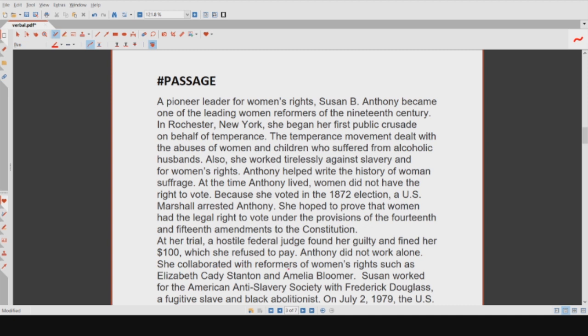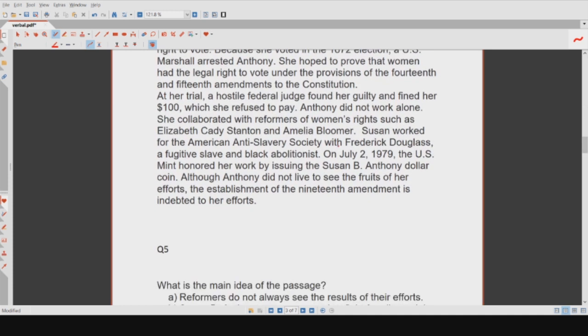She collaborated with reformers of women's rights such as Elizabeth Cady Stanton and Amelia Bloomer. Susan worked for the American Anti-Slavery Society with Frederick Douglass, a fugitive slave and a black abolitionist. On July 2, 1979, the US Mint honored her work by issuing the Susan B. Anthony dollar coin.